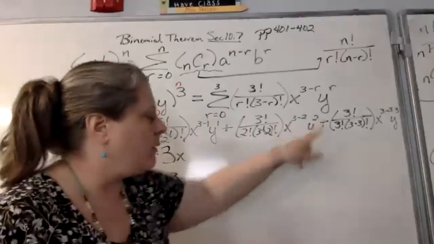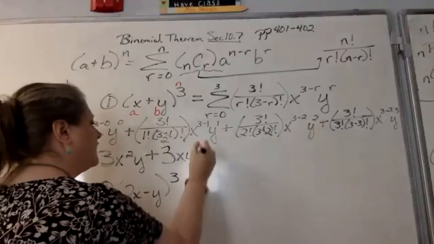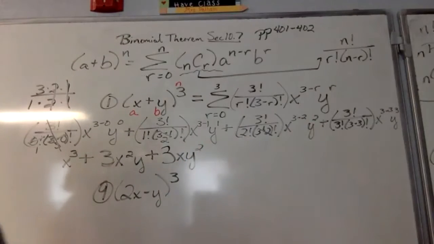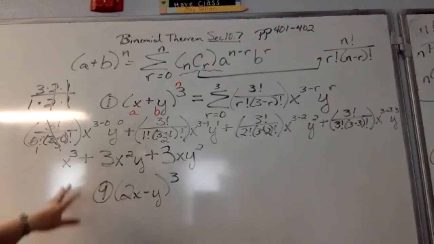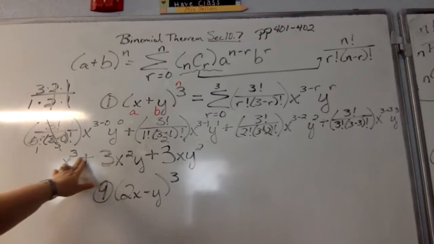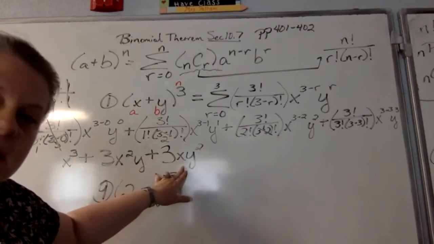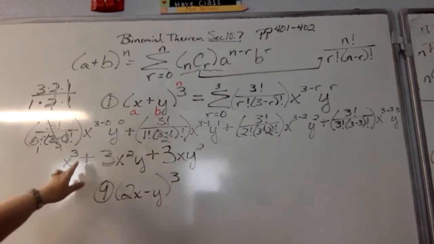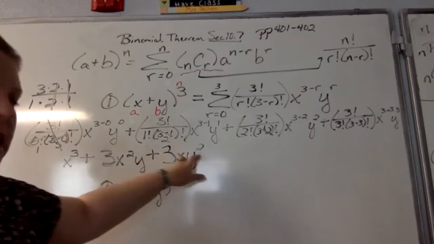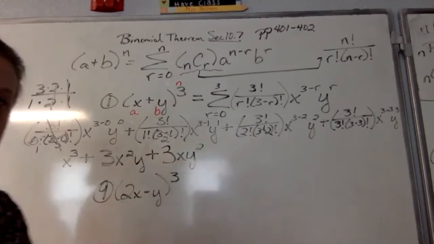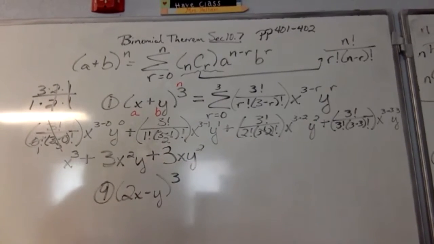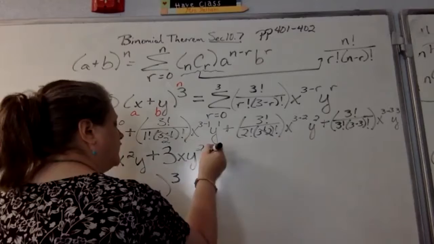And then here I had y to the second. So hopefully you're noticing your x's are descending on their exponents, but the y's are increasing on their exponents. And then we got one last term, correct?